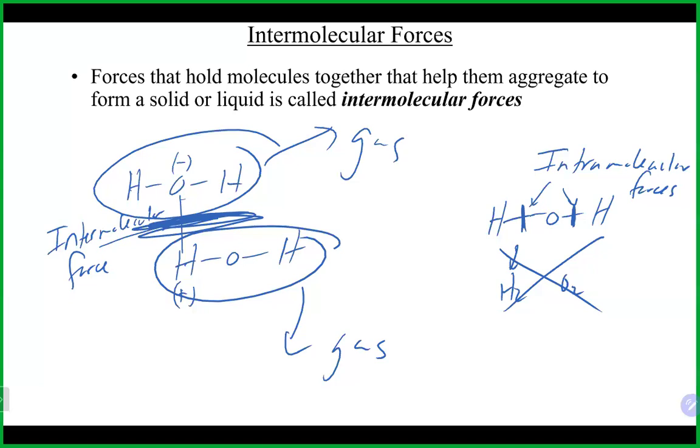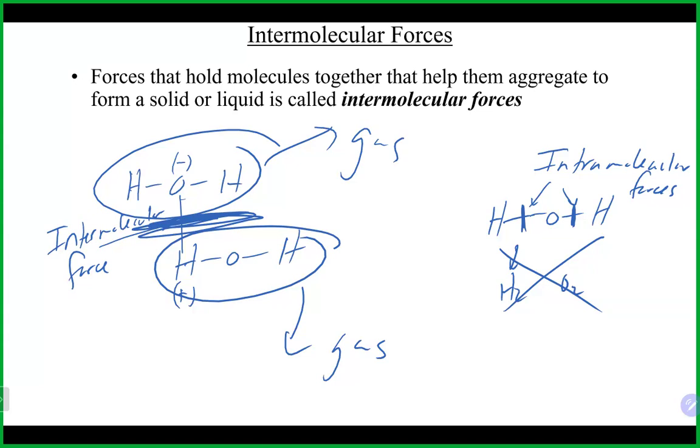So intramolecular forces are always much, much stronger than any intermolecular force that we're going to talk about. So things like covalent bonding, ionic bonding, always much, much stronger than the actual ones that hold a particular molecule together with another particular molecule. So how do intermolecular forces work?